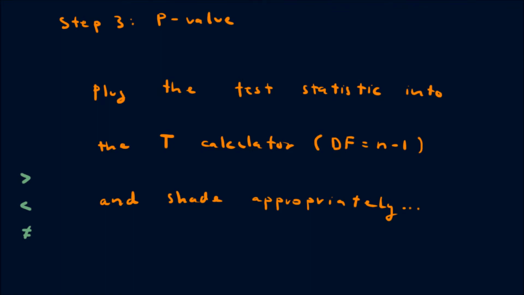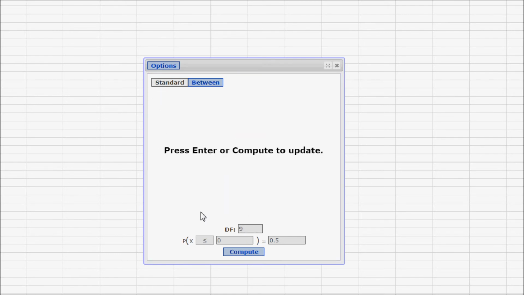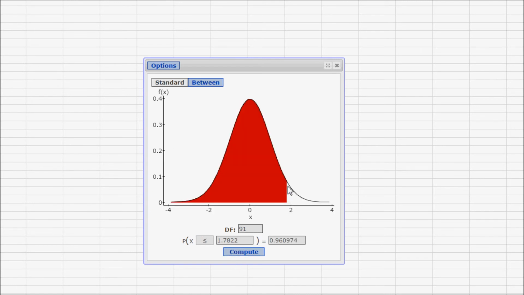Alright, so here's the t calculator, change degrees of freedom to 91, and then our test statistic was 1.7822. So for a two-tailed test, what you want to do is shade such that this red chunk is small. You don't want to have this huge red chunk. You want it to look like this. So the p-value is not this.